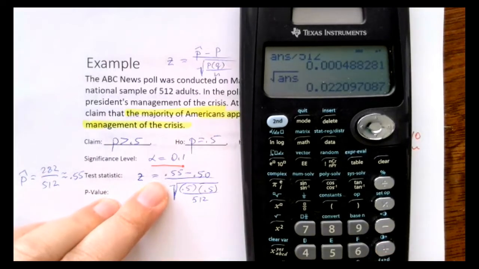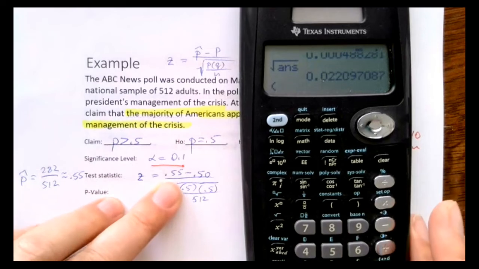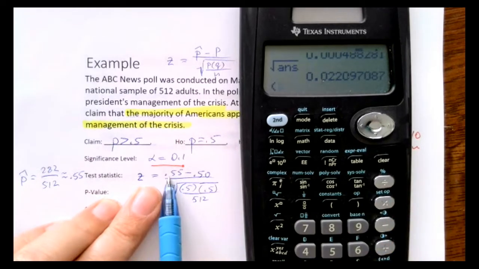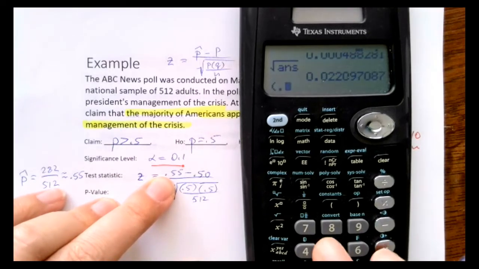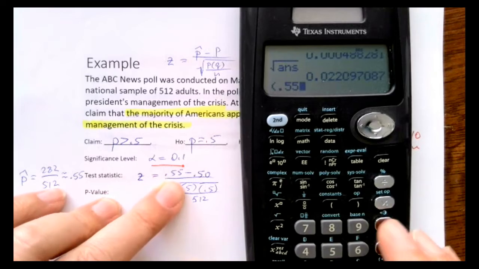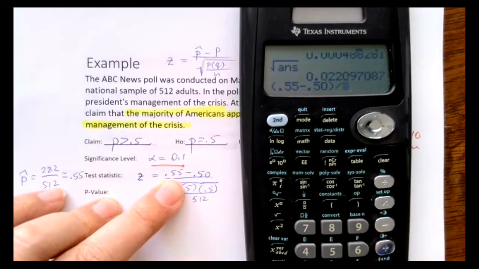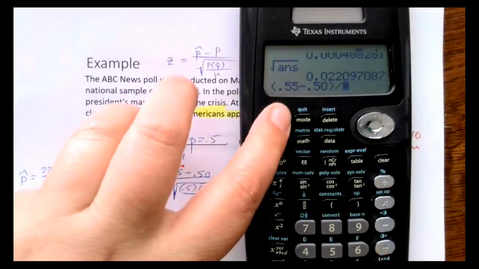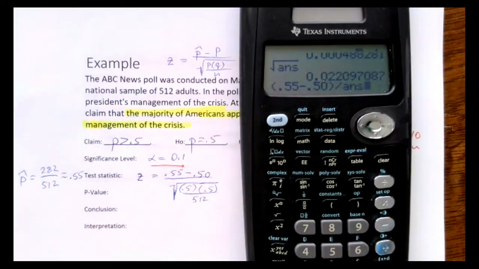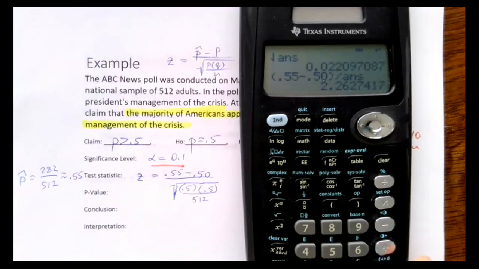Then I open parenthesis. That's important. You need to open parenthesis because the fraction bar is actually a grouping symbol. So it's a group: 0.55 minus 0.50. I'm going to divide by whatever I got for the denominator. I just use the answer, this way I don't round anything. My answers are exact.